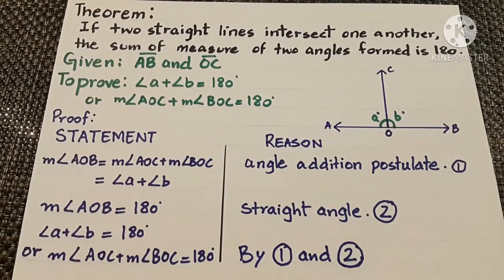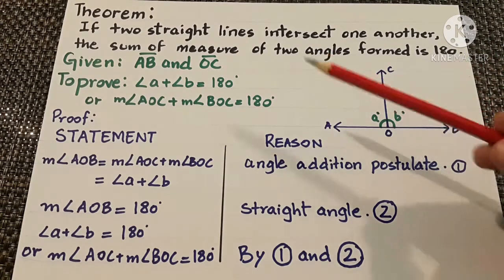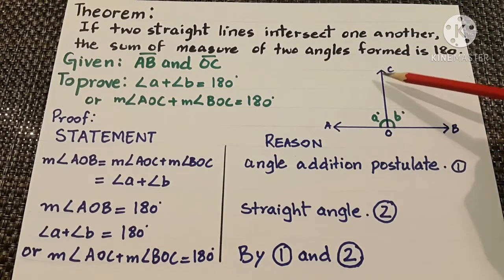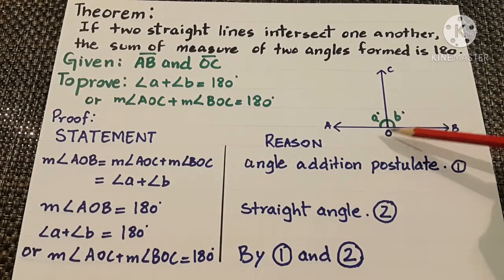The theorem is: if two straight lines intersect one another, the sum of the measures of the two angles formed is equal to 180 degrees. Now, what is given in the statement is that there are two straight lines, line AB and line OC, and they are intersecting each other and they have a common vertex.